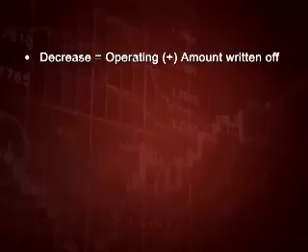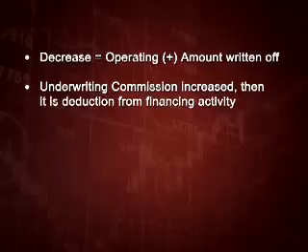But if they are appearing, maybe in old format questions or in the new format as a detail, then they should be treated as follows. If they are decreasing, it should be added in operating activity, that is the amount written off. And if underwriting commission is increasing, then it is deducted from financing activity because you have paid that commission for your issue of shares.